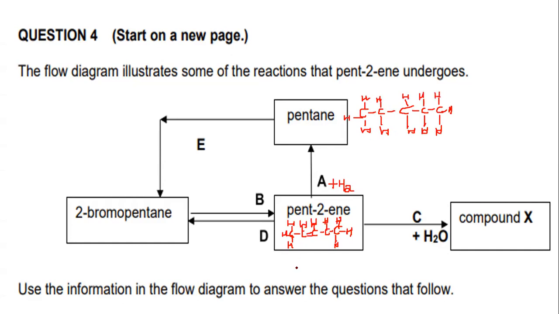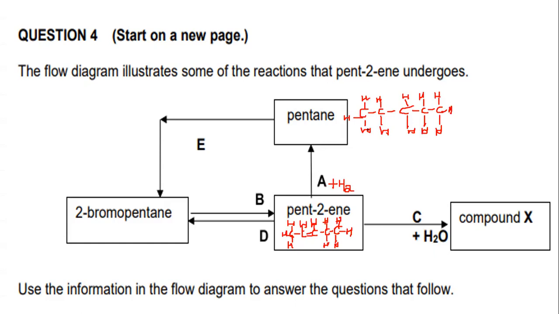Right. So let us check how many carbons? 5. 5 hydrogens. 1, 2, 3, 4, 5, 6, 7, 8, 9. Just fix it there. 10 with this one. Now it's correct.